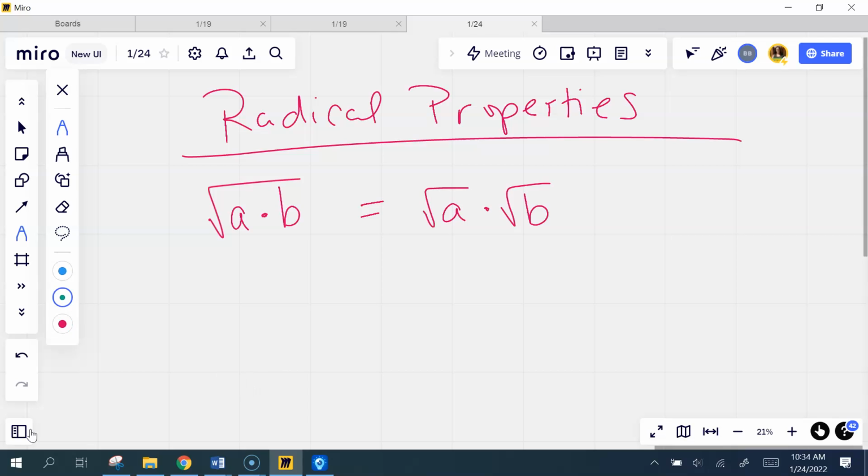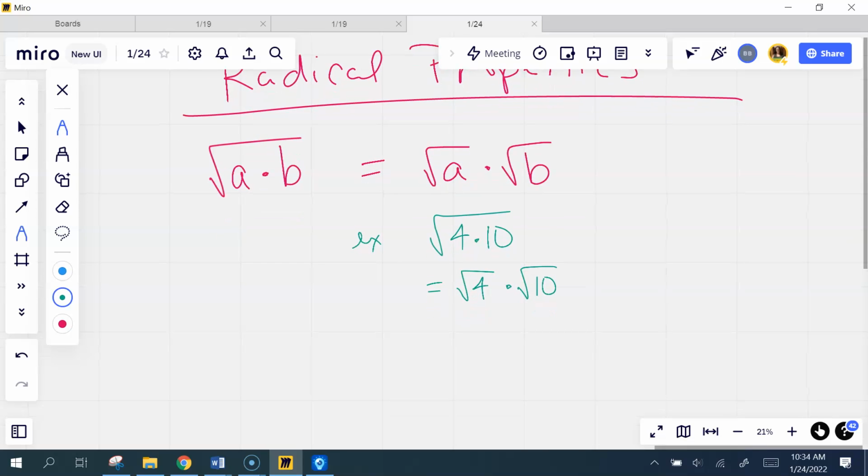So for example, if I had the square root of 4 times 10, I could split that up into the square root of 4 times the square root of 10. And that's handy because the square root of 4 is what? 2. So this would just become 2 times the square root of 10.